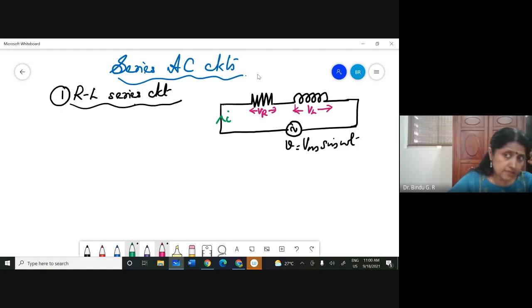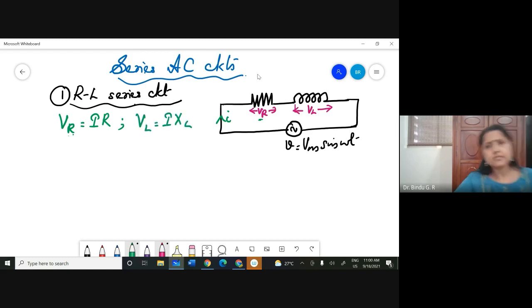Now I am going to denote all these things in the phasor diagram. If I want to draw the phasor diagram, I know VR is equal to I into R. VR means the RMS value of the voltage drop. VR is IR. And I know that VL is equal to I XL, which is what we discussed now.